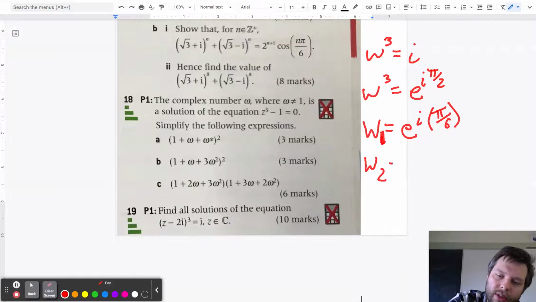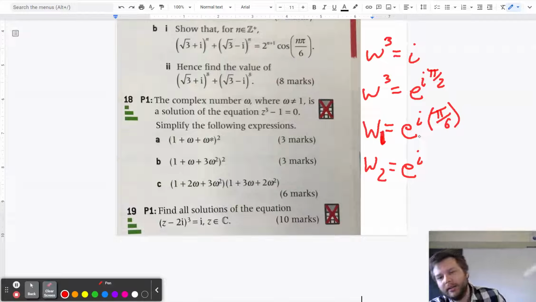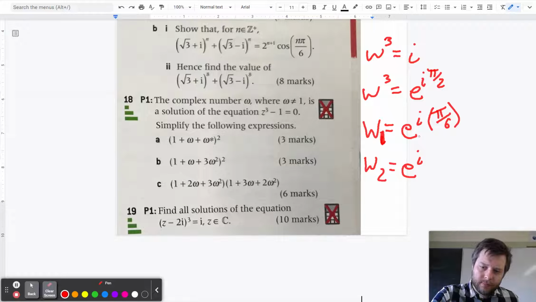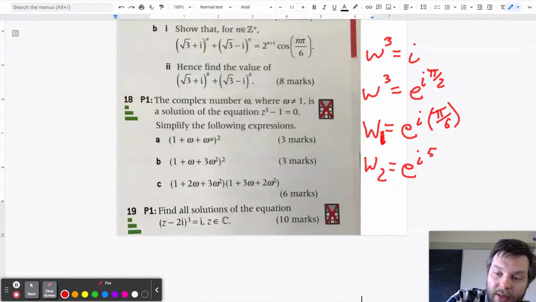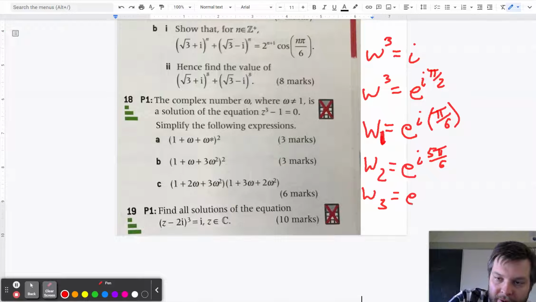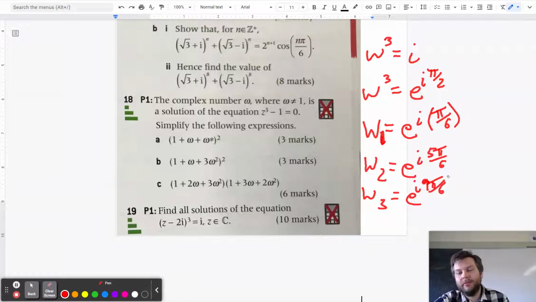The second w would be e to the i times... if I add 2π to π/2, then I get 5π/2. And if I add 2π again, I get 9π/2, and dividing that by 3 gives me 9π/6. I kind of skipped a step verbally there.